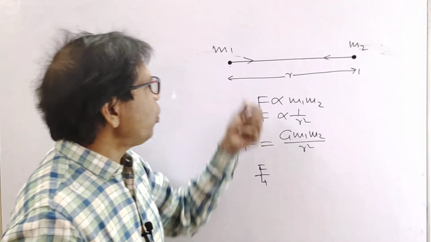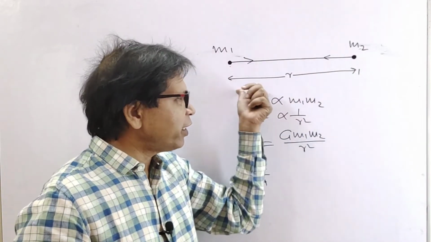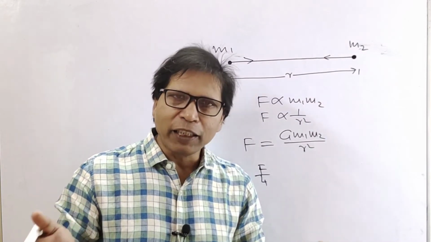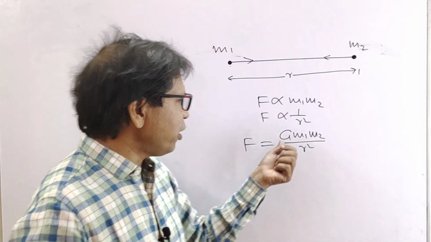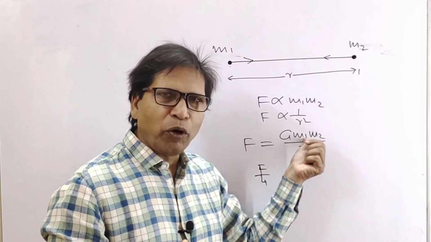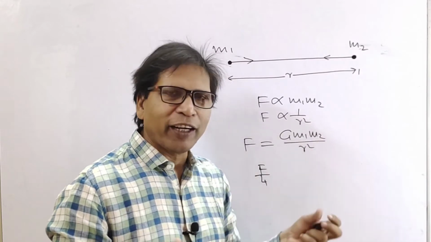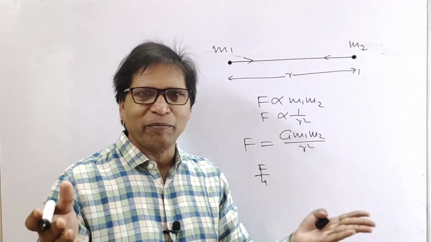If both the masses of the two bodies and their distance of separation are increased by 2 times, then the gravitational force of attraction F equals G into 2m1 2m2 by (2r) whole square, that is F. So the force of attraction remains the same.